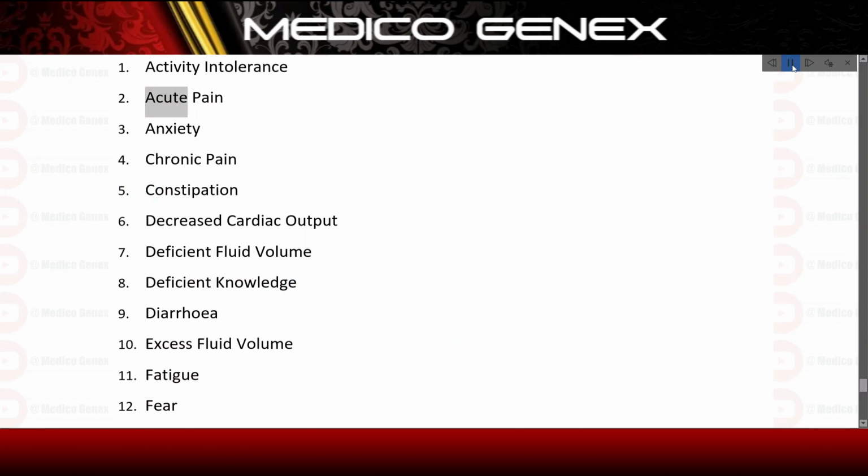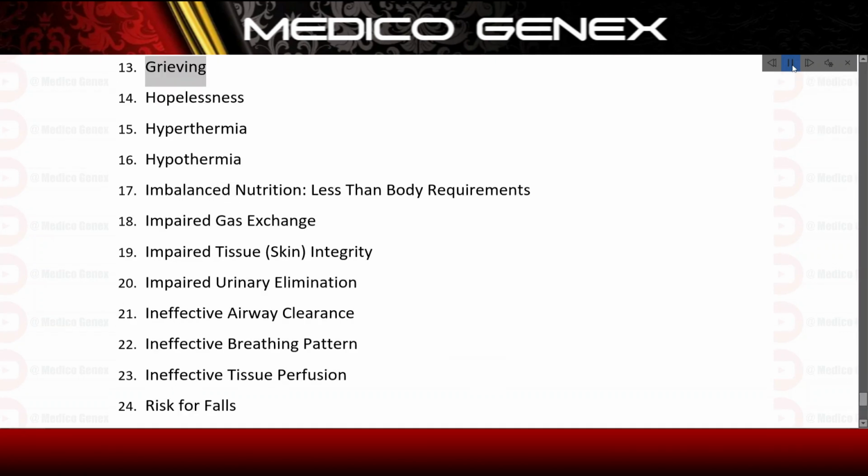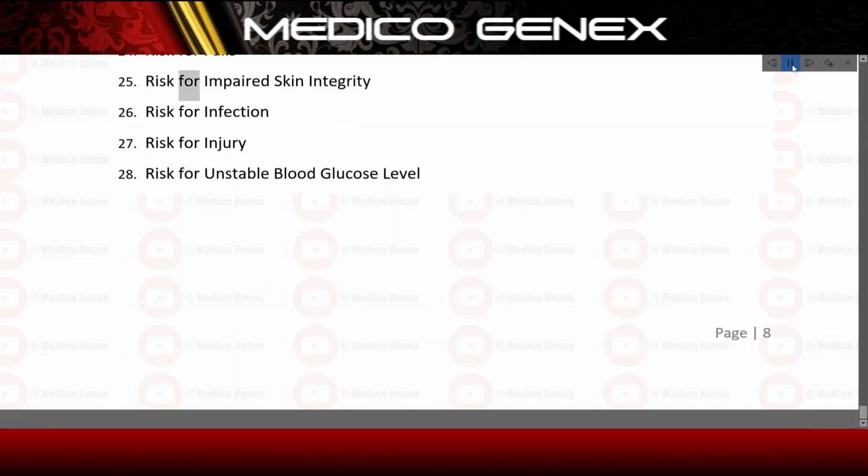Activity intolerance, acute pain, anxiety, chronic pain, constipation, decreased cardiac output, deficient fluid volume, deficient knowledge, diarrhea, excess fluid volume, fatigue, fear, grieving, hopelessness, hyperthermia, hypothermia, imbalanced nutrition: less than body requirements, impaired gas exchange, impaired tissue integrity, impaired skin integrity, impaired urinary elimination, ineffective airway clearance, ineffective breathing pattern, ineffective tissue perfusion, risk for falls, risk for impaired skin integrity, risk for infection, risk for injury, risk for unstable blood glucose level.